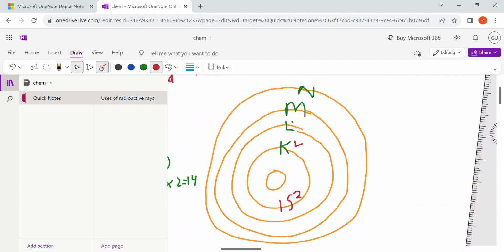L आ गया हमारे पास। सो दैट वी हैव 2S and 2P, ठीक है। I'll write over here, K के अंदर we have 1S2, L we have 2S2 and 2P6.